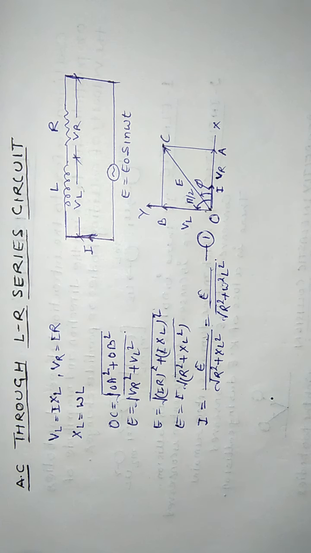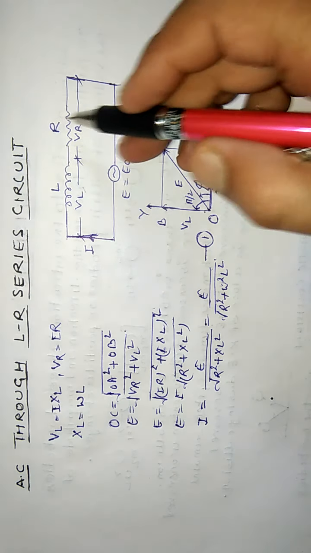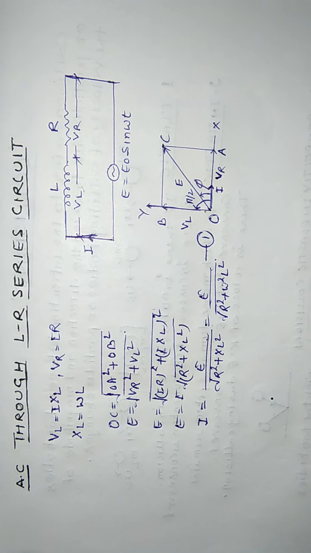Now the effective opposition offered by the series combination of L and R to AC is called impedance.